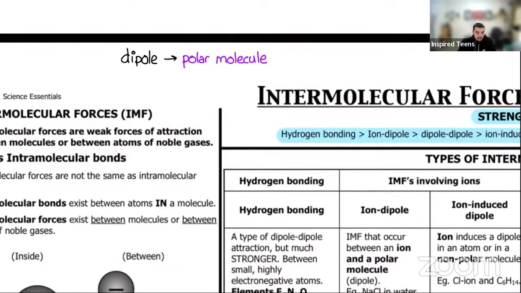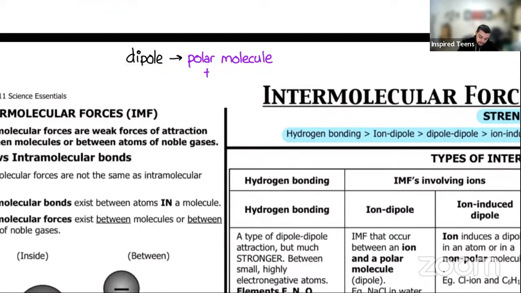That's where the name comes from, because remember, a polar molecule has an uneven spread of electrons. One side is positive, one side is negative, which creates two poles. That's why we call it a dipole: di meaning two, pole meaning polarity. Whenever they refer to a dipole molecule, we refer to a polar molecule.